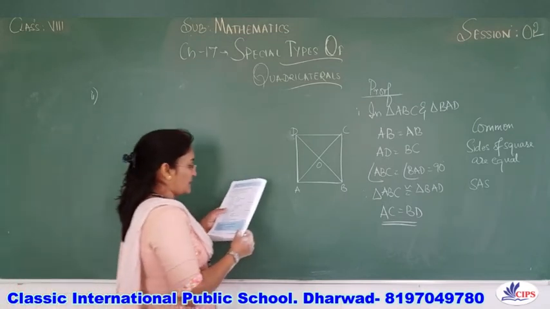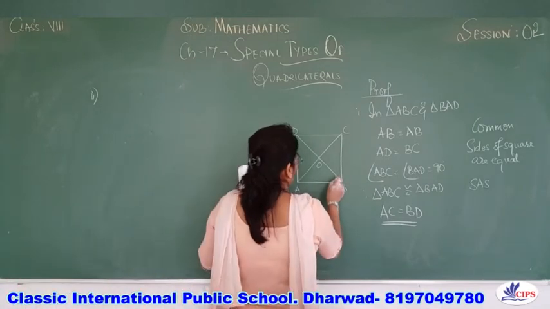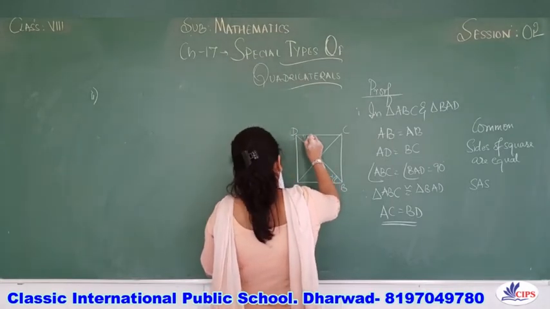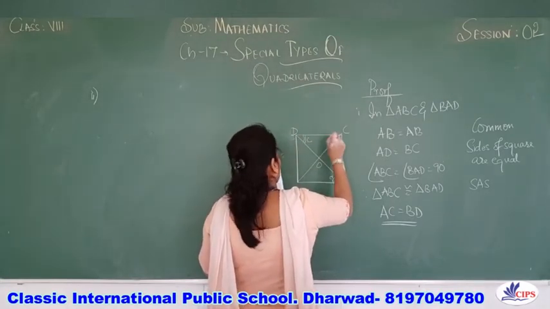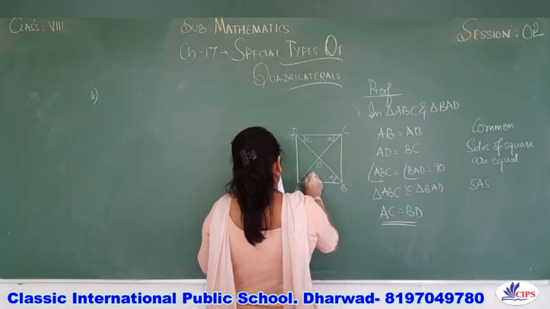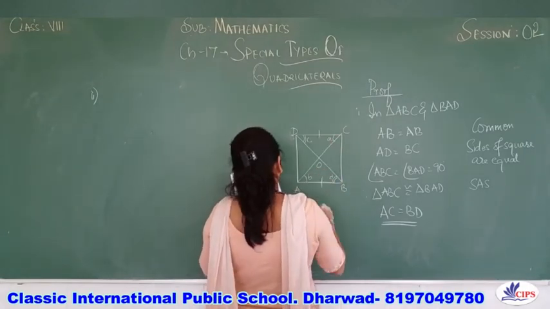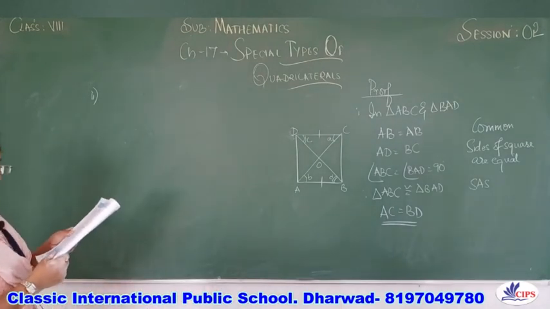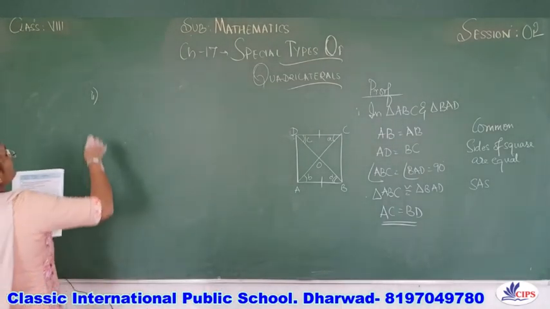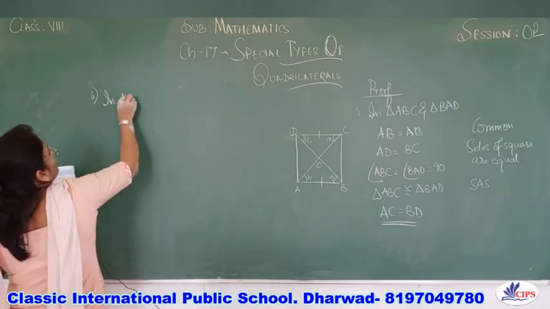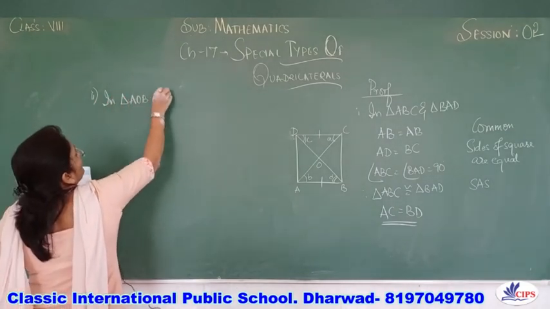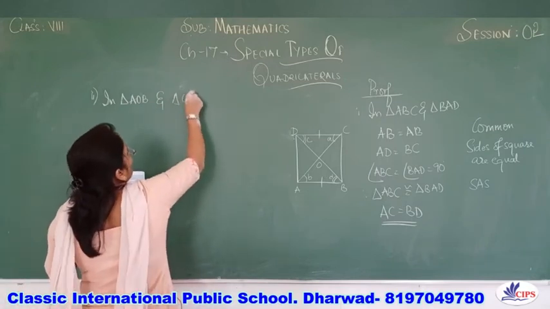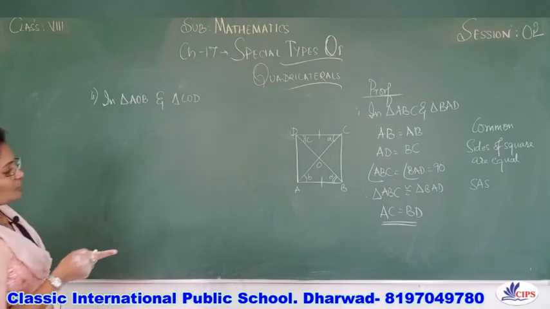We will mark some angles here. So, let us take triangle AOB and triangle COD. We have taken those two triangles.